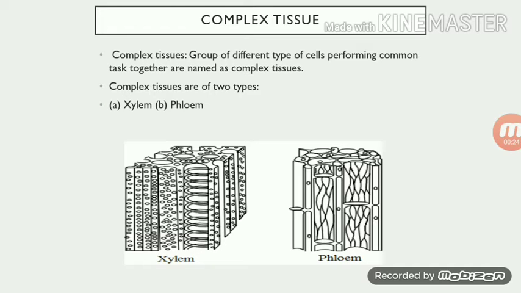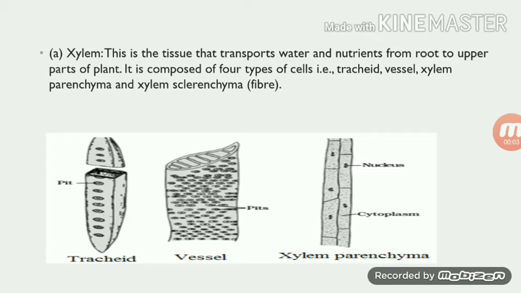In this diagram, there are xylem tissues and phloem tissues. So we are going to start with xylem. Xylem, this is the tissue that transports water and nutrients from root to upper parts of the plant. It is composed of four types of cells: tracheids, vessels, xylem parenchyma, and xylem sclerenchyma or fiber.